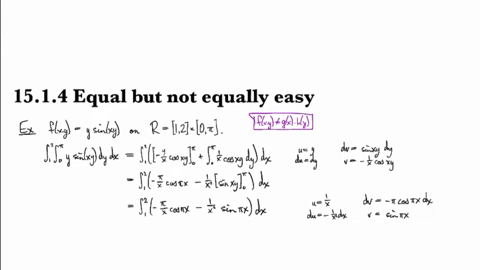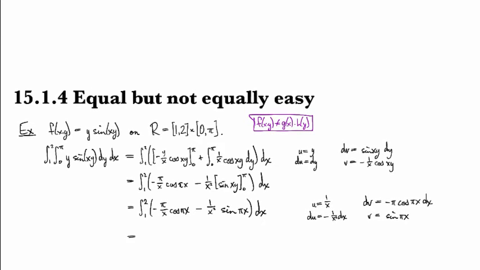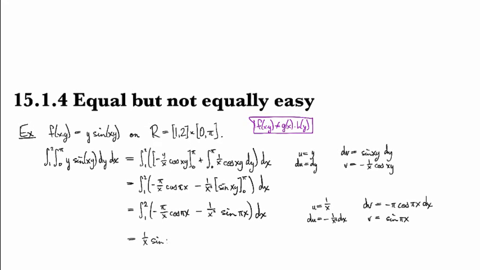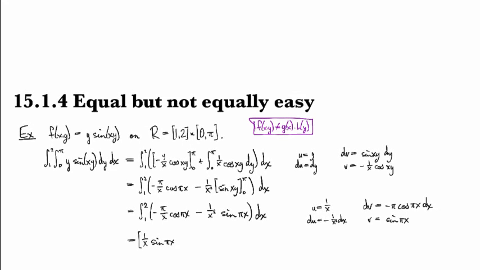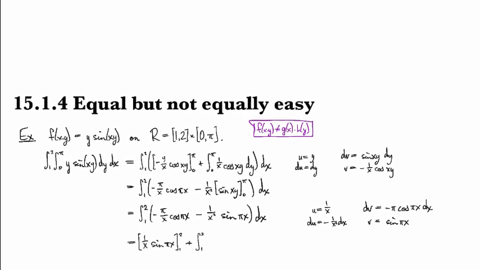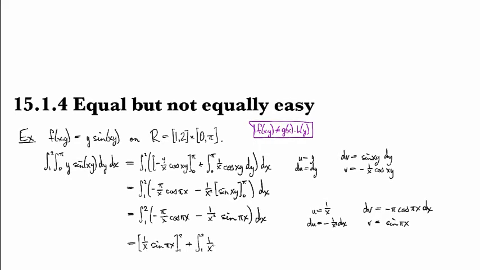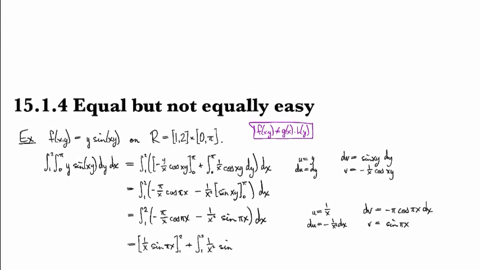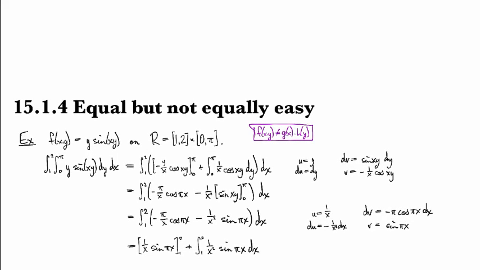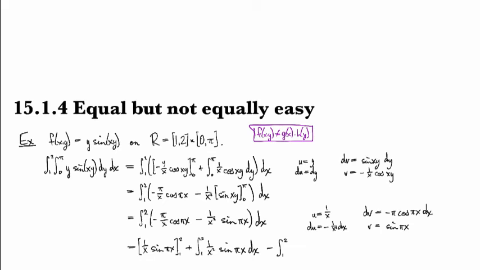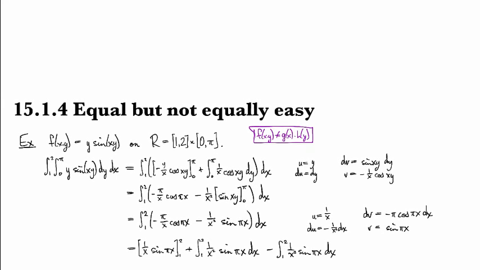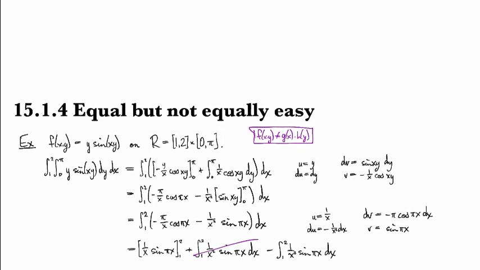Putting that to work, our first part is the boundary term 1 over x sine pi x evaluated from 1 to 2, and then we have the integral from 1 to 2 of 1 over x squared sine pi x dx, and then we have minus the same thing, 1 over x squared sine pi x dx, and then we can cancel these.